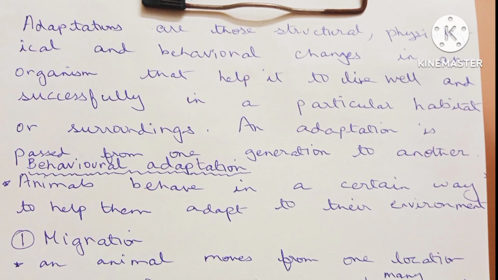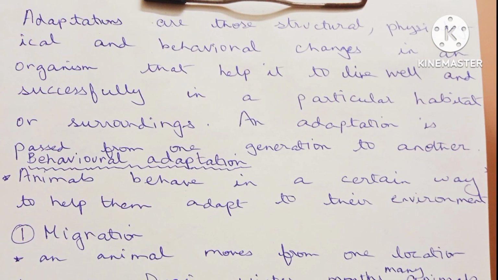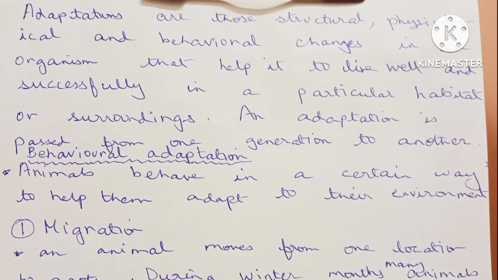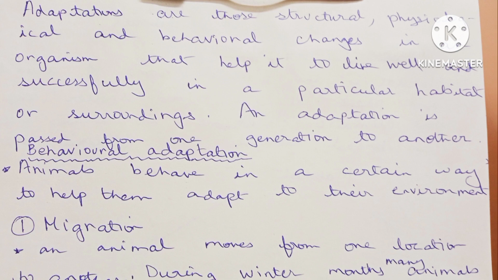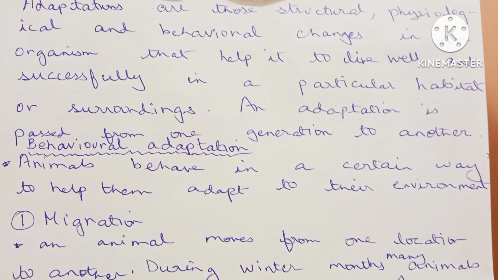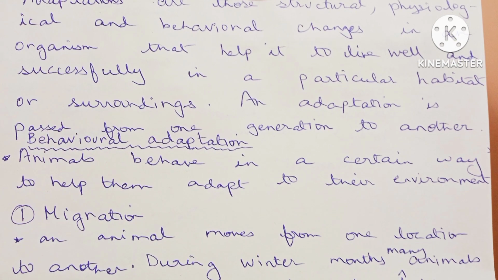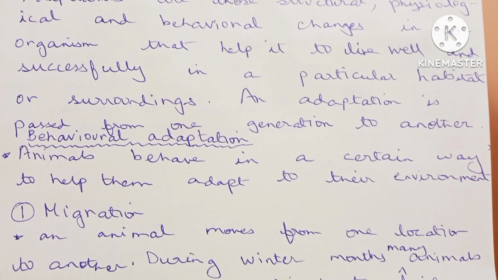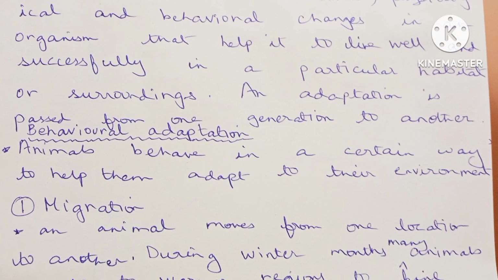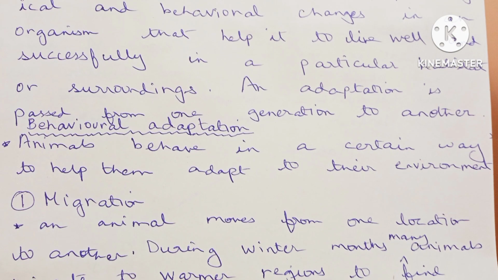They are physiological, that is the body processes, and behavioral, how they are behaving in order to adapt to the environment. So these are the different changes in the body of the organism so that it can live well in an environment. An adaptation is passed from one generation to another. Now, monkey is well adapted. The baby of a monkey will also have the same adaptations when it is born.